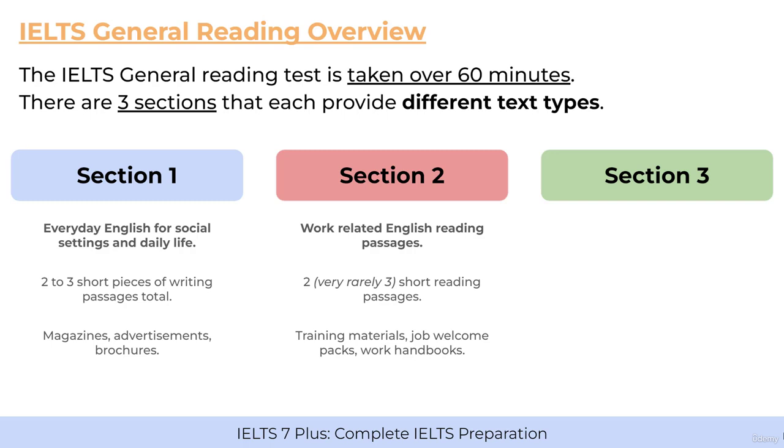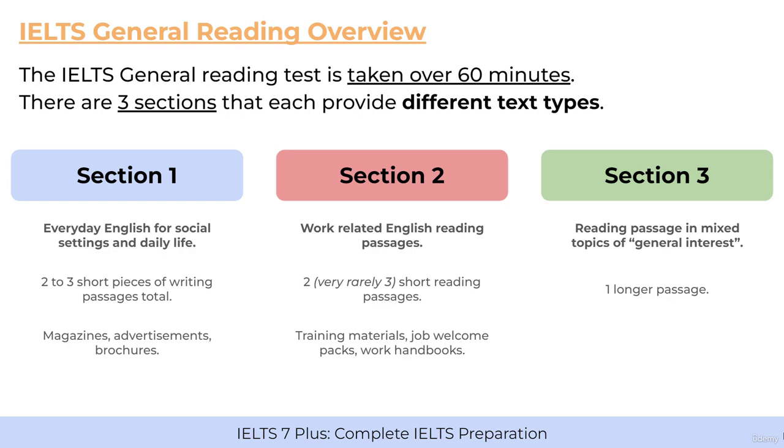Okay, finally, section 3 is a reading passage in mixed topics. So it can be about anything: general interest articles, scientific, environment, travel, loads of different stuff really, and you will just see one longer passage. Section 1, 2 or 3 passages, section 2, 2 passages, section 3, just 1.